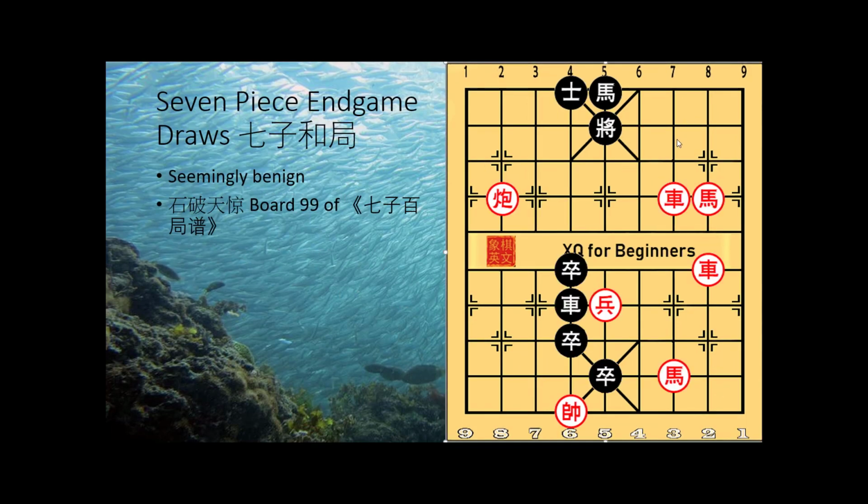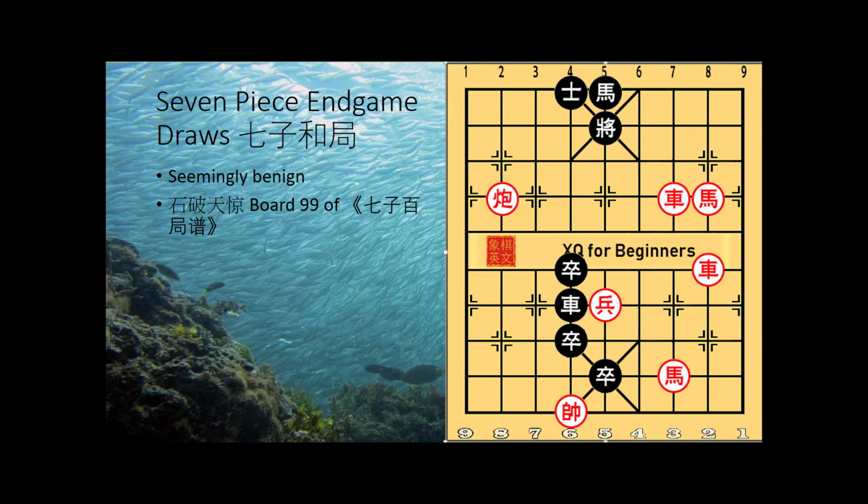The next topic would be 7-piece endgame draws, whereby there will be 7 pieces, 1, 2, 3, 4, 5, 6, 7 for red, and 1, 2, 3, 4, 5, 6, 7 for black. This is a theme that is present in such endgame compositions, and they will all end in draws.